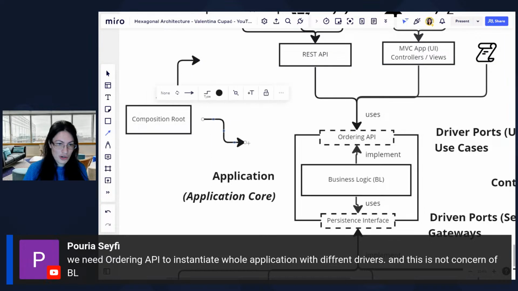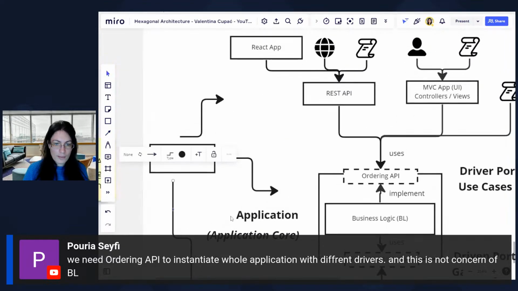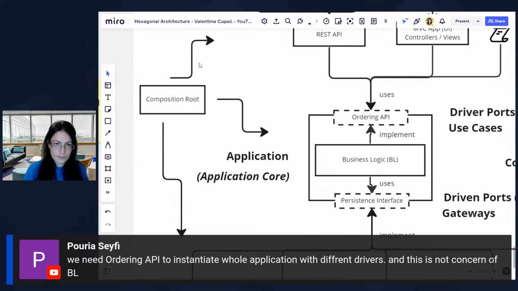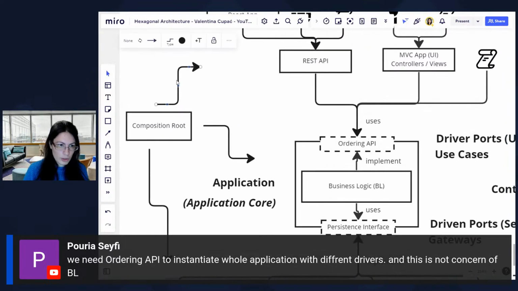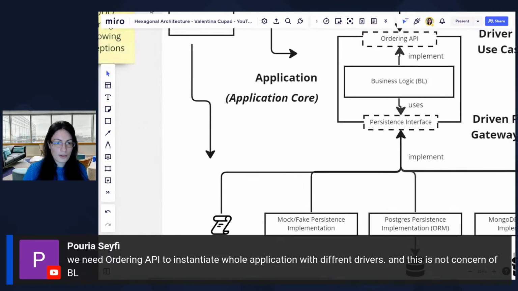So that's actually the only thing that is aware of everything that exists, and then it is able to configure at runtime essentially all of these points. This is where there's dependency injection and here as well.